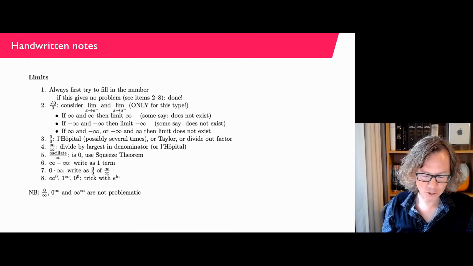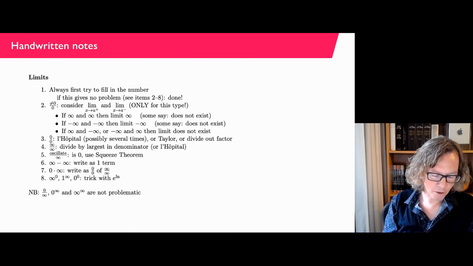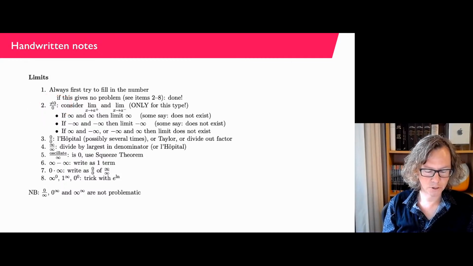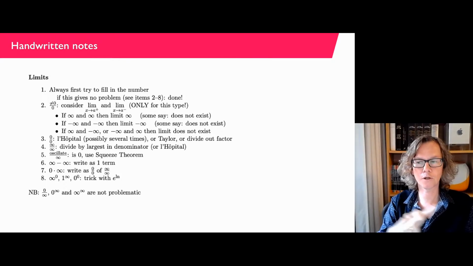So the next option you could have is that you have something that is unequal to 0 in the numerator, and then you're dividing by 0, so the denominator is going to 0. Then it might be interesting to consider the two separate cases, whether you come from the right or whether you come from the left.